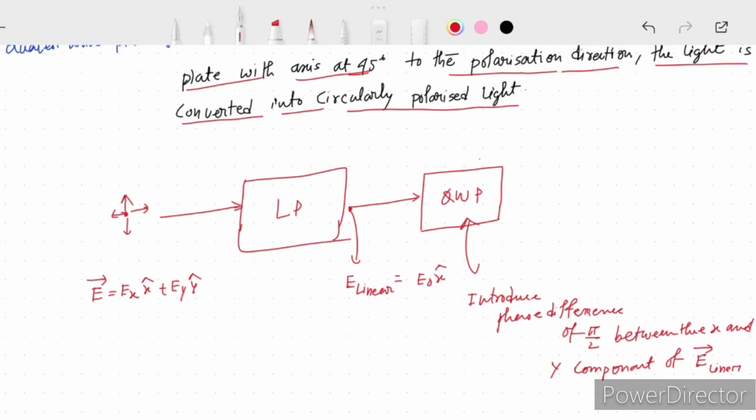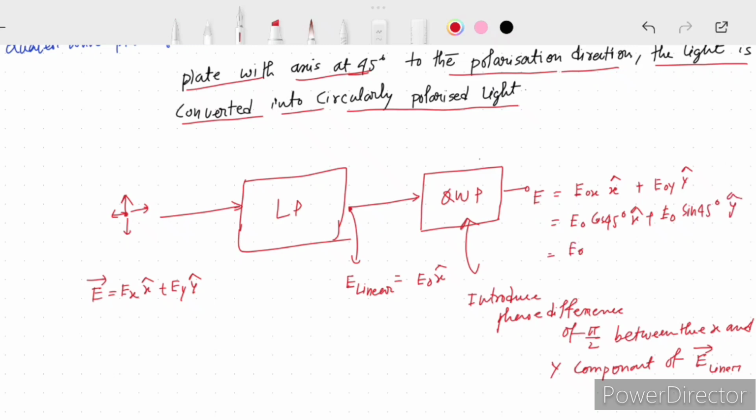When this phase difference is introduced, we get the output E0x x cap plus E0y y cap, where E0x is E0 cos 45 degrees times x cap plus E0 sin 45 degrees y cap.